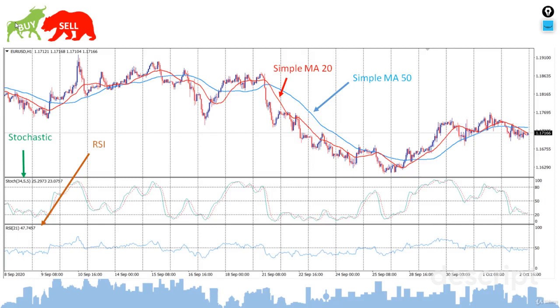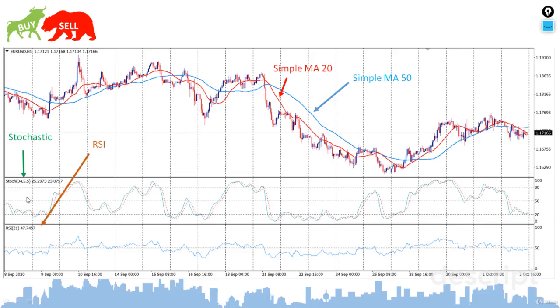So this is an illustration of my platform and how it looks. In first place, we can see here the simple moving average 50 period in blue color, and the second simple moving average in red color, which is the 20 moving average, always simple.